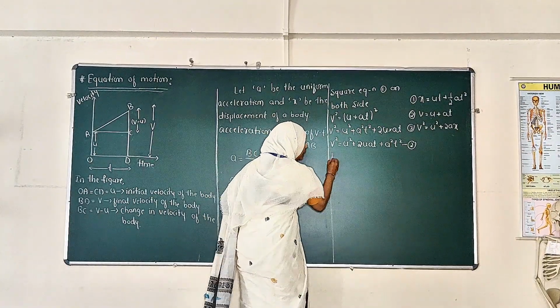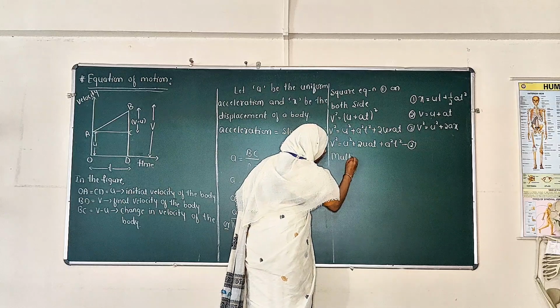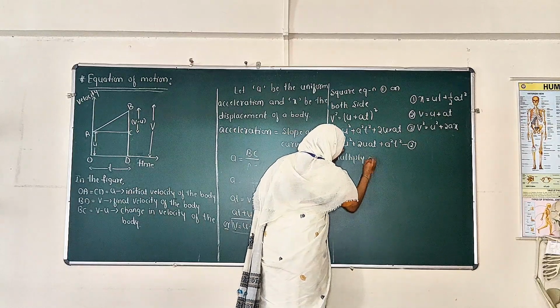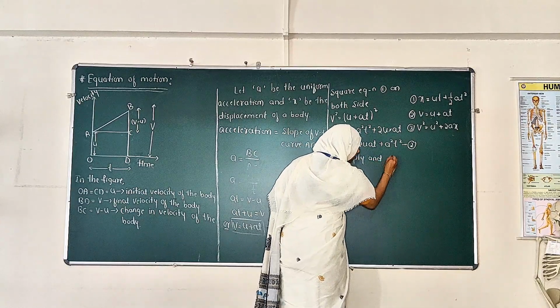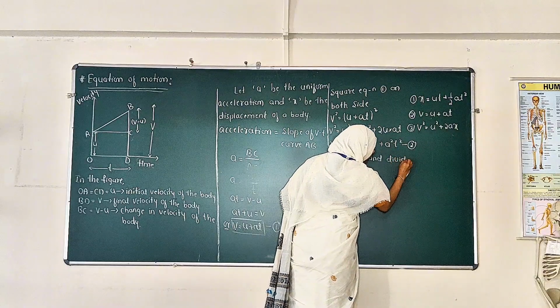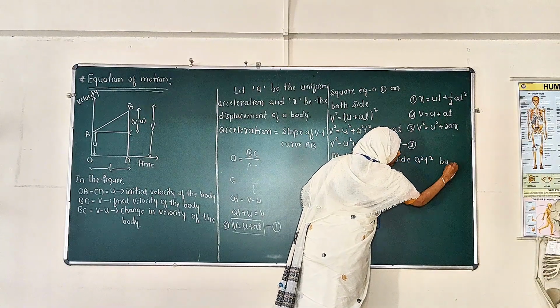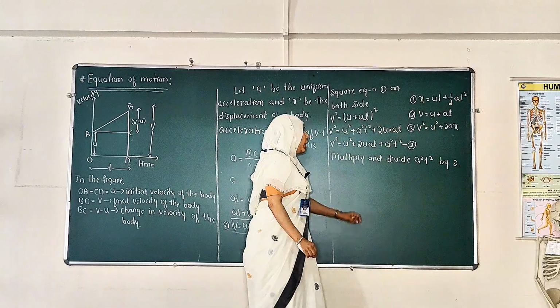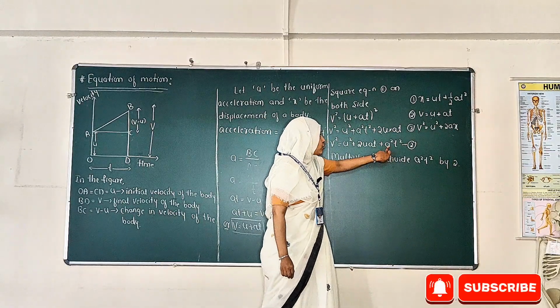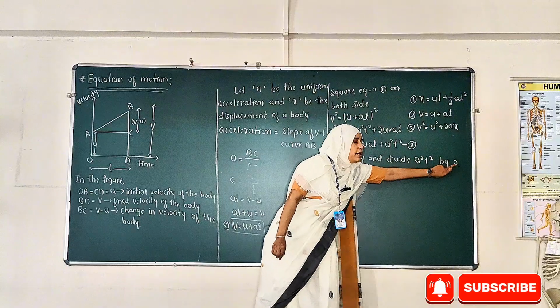What is it? Multiply and divide a square t square, this term, by 2.